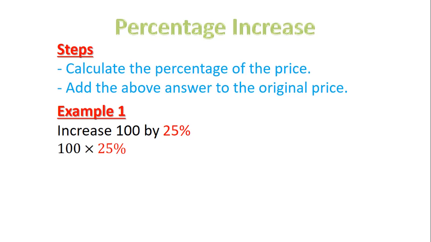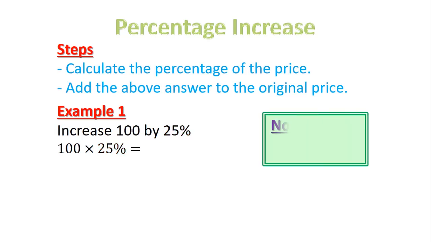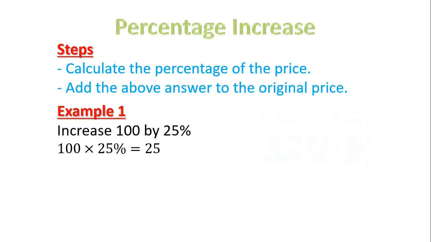However, if you don't, we then have to use our fractions, and so we have 100 times 25 over 100 to get your answer. If you then cancel, you should get 25.